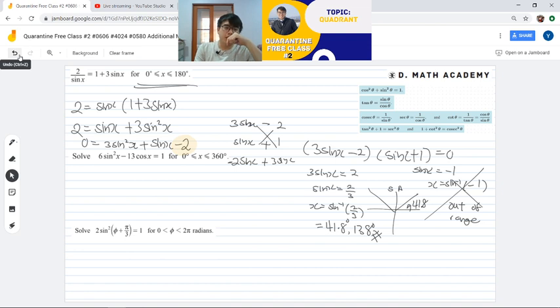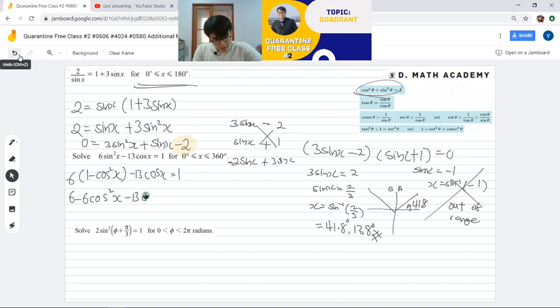So the next question over there, we have sine square x. So remember that I mentioned earlier, my sine square x can be treated as 1 minus cosine square, minus 13 cosine x equals to 1. Multiply your 6 into it, you will get 6 minus 6 cosine square x minus 13 cosine x equals to 1.